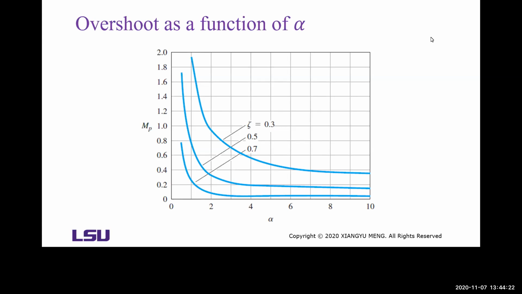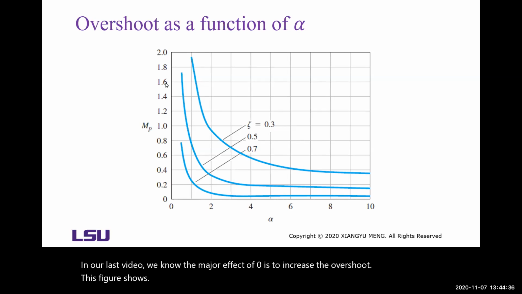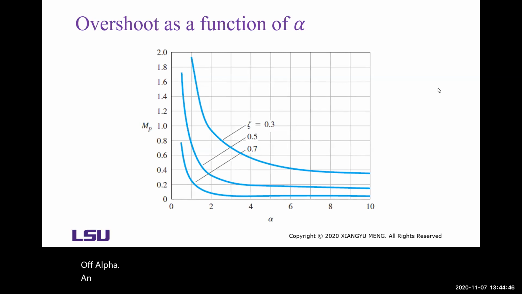In our last video, we know the major effect of the zero is to increase the overshoot. This figure shows the overshoot as a function of alpha, and alpha controls the location of the zero.